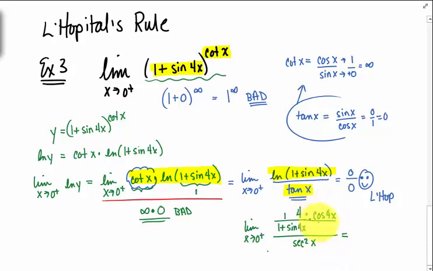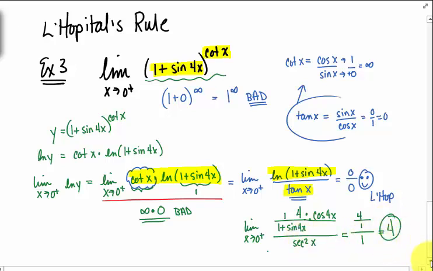If x is equal to 0, the cosine of 4x turns into 1, so I get 4 upstairs. Sine of 4 times 0 is 0, so I get a 1 in the denominator. And the secant of 0, remember secant is 1 over cosine, so that's going to be 1 over 1, and if we square that, we get 1. So this result is 4.